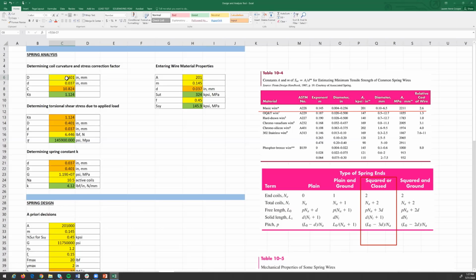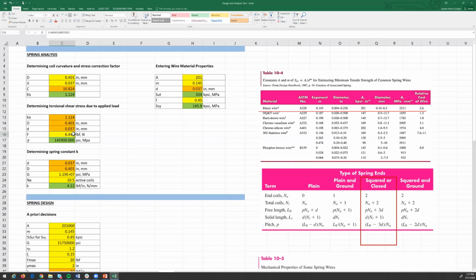So given in the problem statement, we have an outside coil diameter of 7/16 inches. To get the mean diameter, we subtract one wire diameter from the outside diameter. So our C would be 10.82 and our KB 1.124. So I have that 1.124 automatically brought down here along with the mean diameter and the wire diameter.